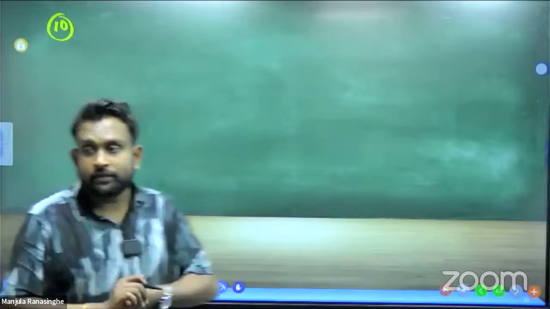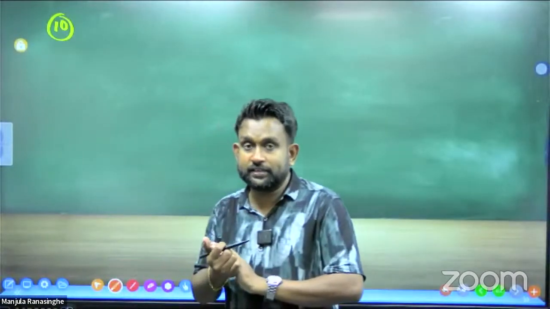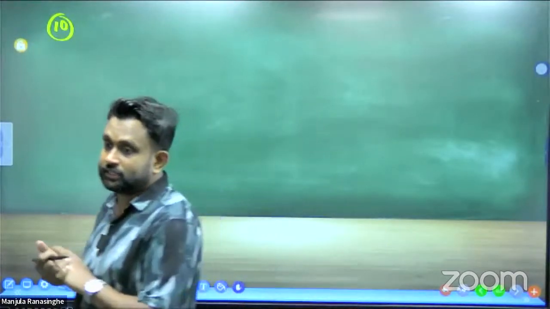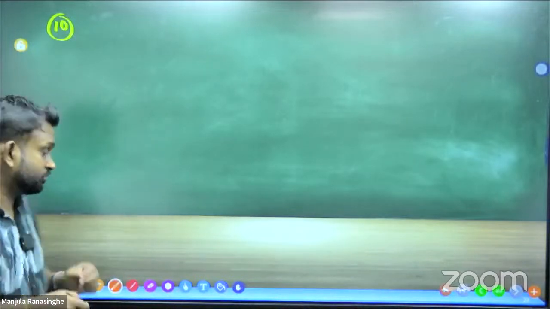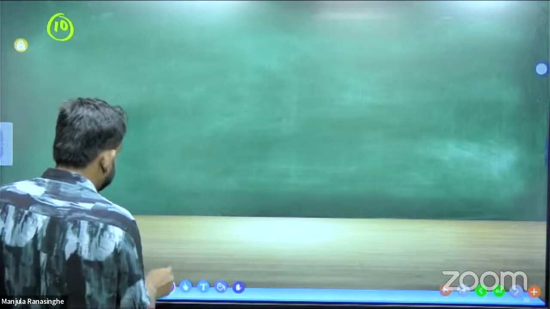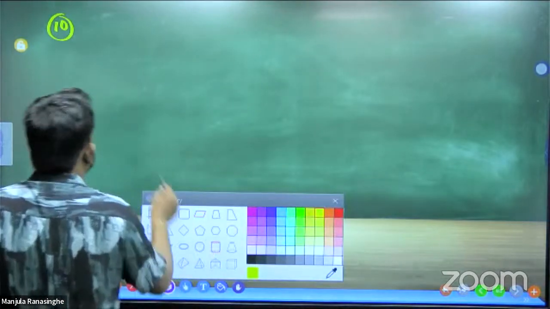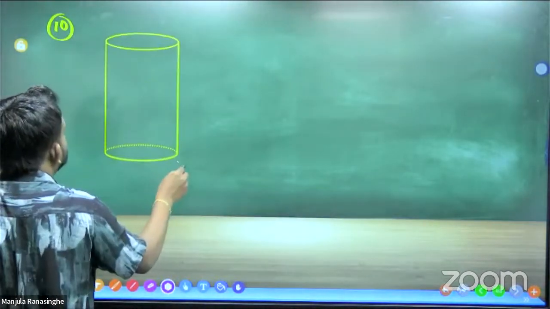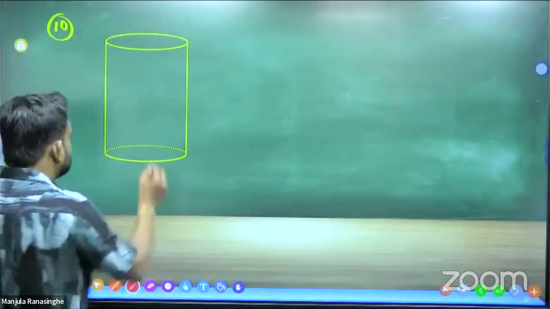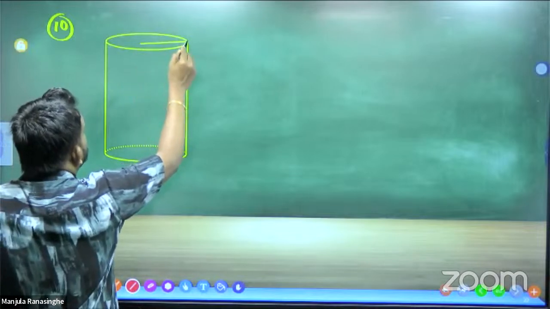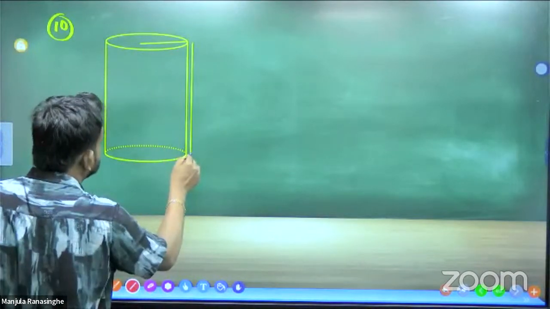See there: the circumference of the base of a cylinder is 66 centimeters, the height of the cylinder is 25 centimeters, find the base radius of the cylinder. So now we will draw a cylinder here. So this is the cylinder. Now check the radius given and the height given.